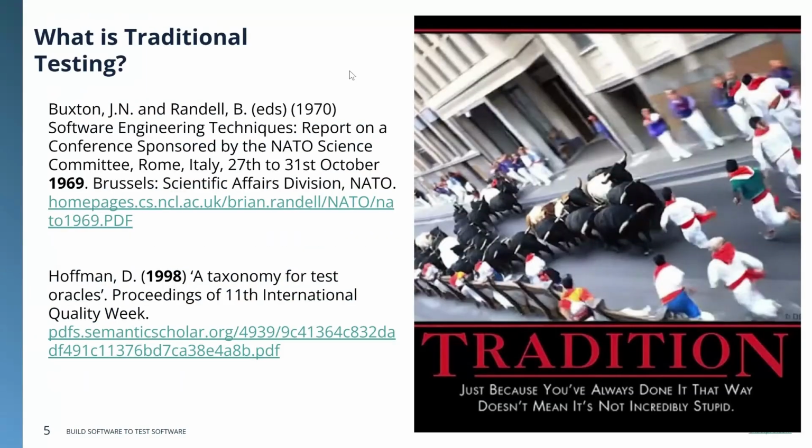The term traditional testing, different people refer to different things, but it would be fair to say that some of software testing fundamentals that are applicable to testing AI systems and non-deterministic systems were known for quite some time. There were things that were established like 2 decades ago, 3 decades ago, etc.